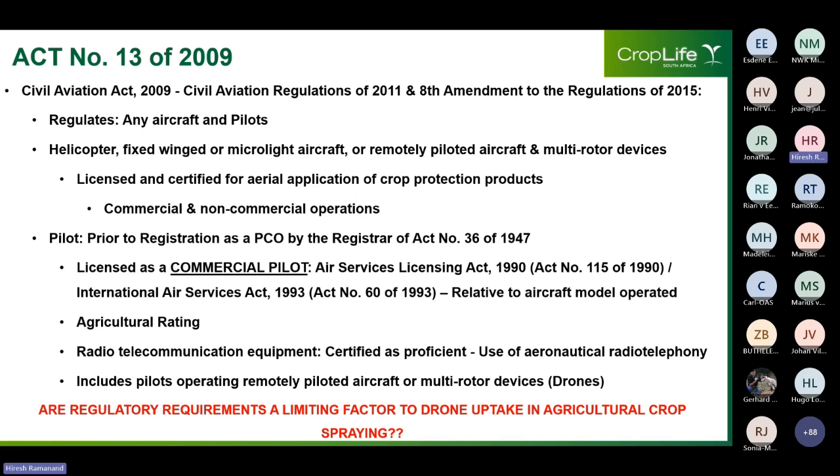Any aircraft, whether a helicopter, fixed wing, or microlight aircraft, or remotely piloted aircraft and multi-rotor devices used in either commercial or non-commercial operations, must be licensed and certified for aerial application of crop protection products.